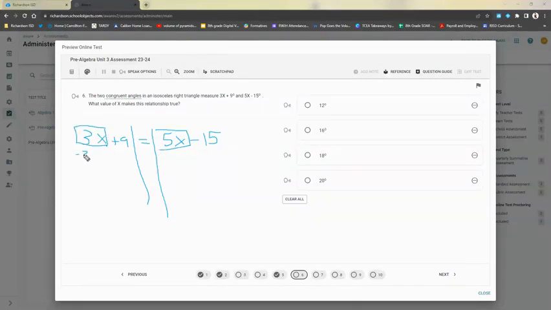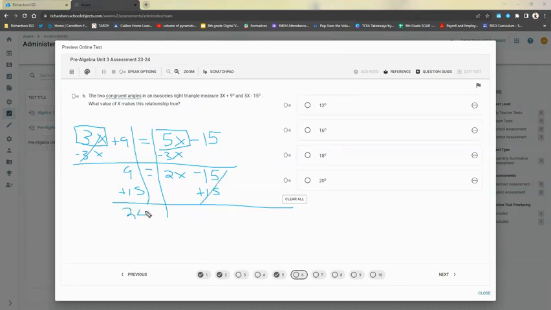I'm going to subtract 3x from both sides. 9 equals 2x minus 15. Add 15 to both sides. 24 equals 2x. Divide by 2 on both sides. And x equals 12.